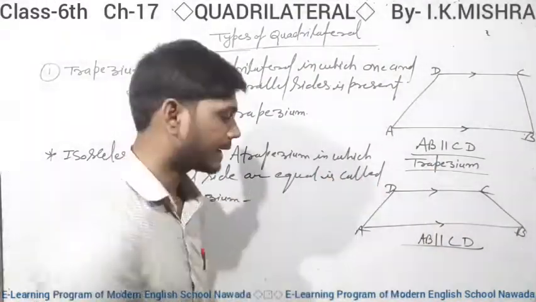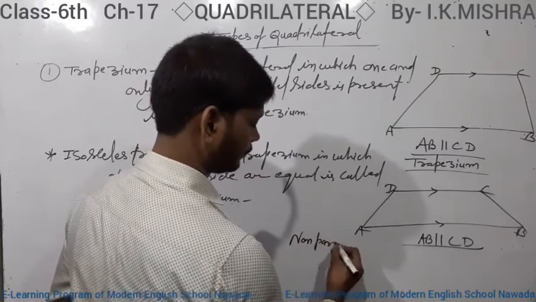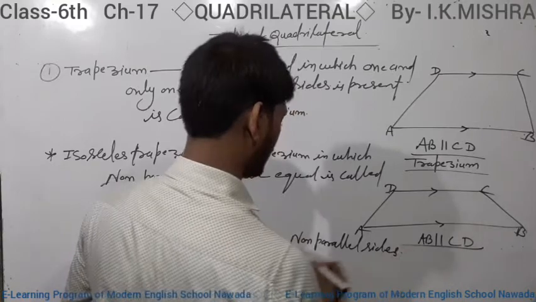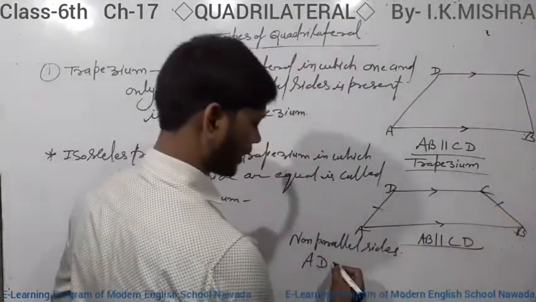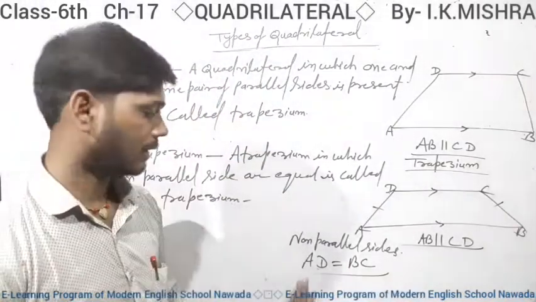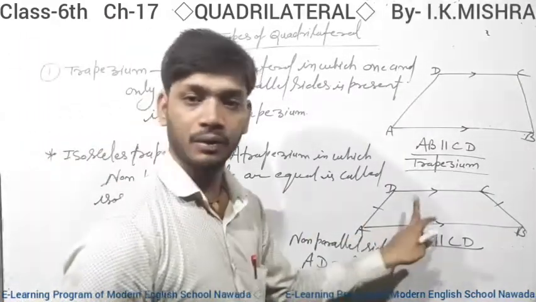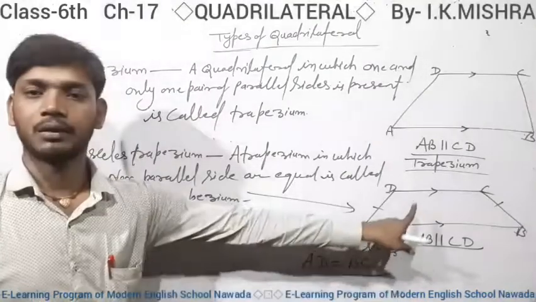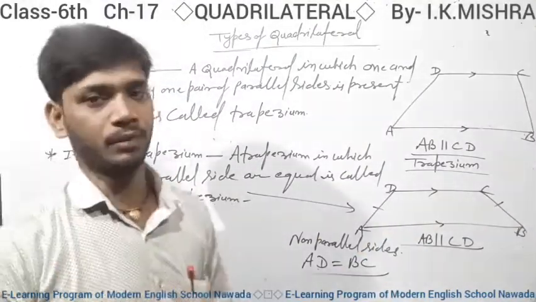The non-parallel sides are AD and BC. AD is equal to BC. Here the non-parallel sides are equal. So this figure is an isosceles trapezium. Clear? I think you understand isosceles trapezium.